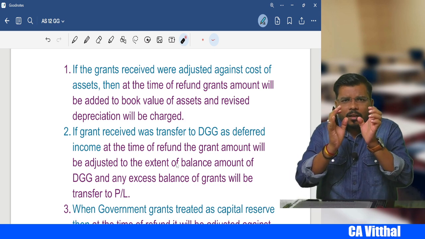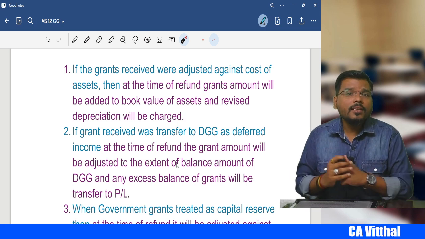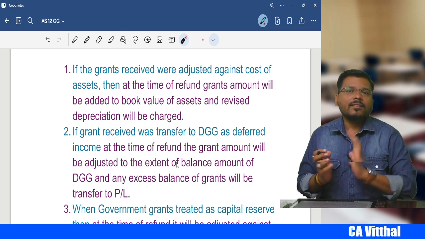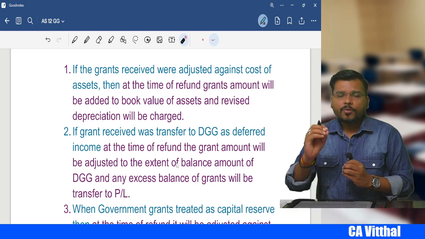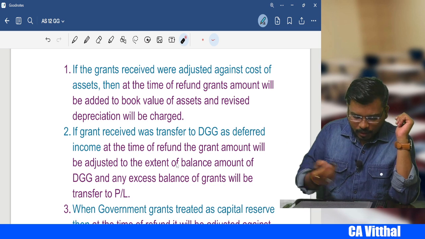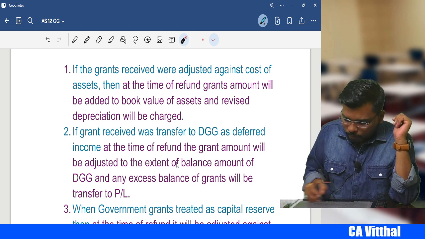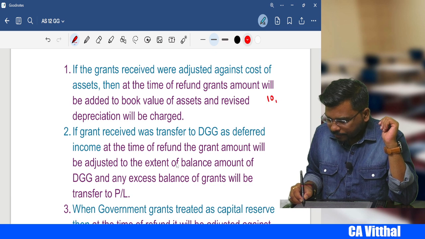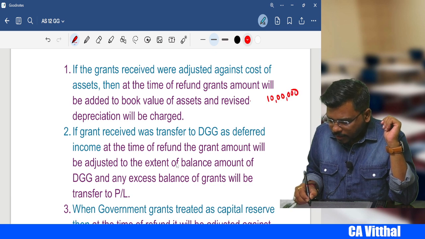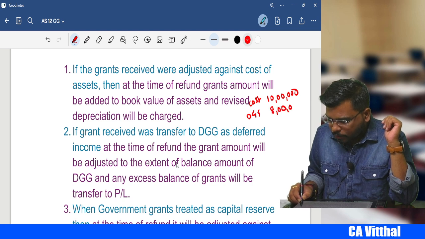Whatever remaining portion of DGG is there, adjust the grant amount against that, and the balance amount of grant is transferred to the P&L account. For example, in the earlier case, the cost of the asset was 10 lakh. DGG was how much? That is, the government grant was 8 lakh, which was transferred to DGG.